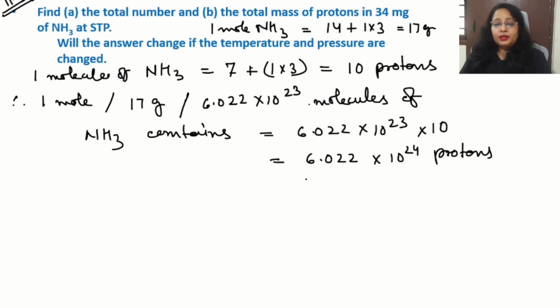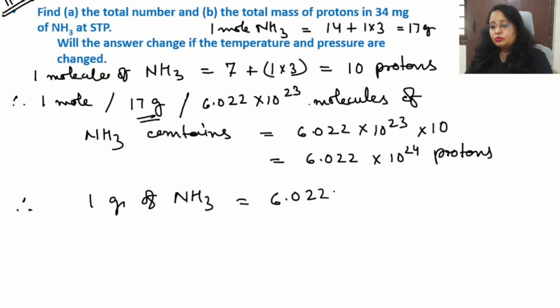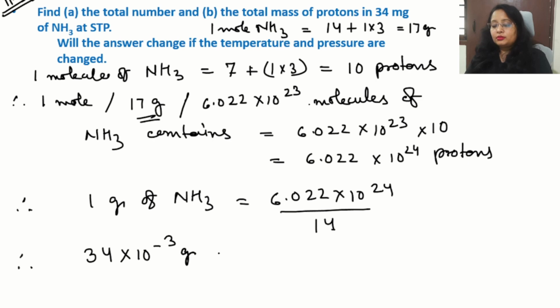So if 17 grams contains this much proton, then 1 gram of NH3 will contain 6.022 into 10 to the power 24 divided by 17. Now here they are asking in 34 milligram. 34 milligram, we will write 34 into 10 to the power minus 3 grams of NH3.